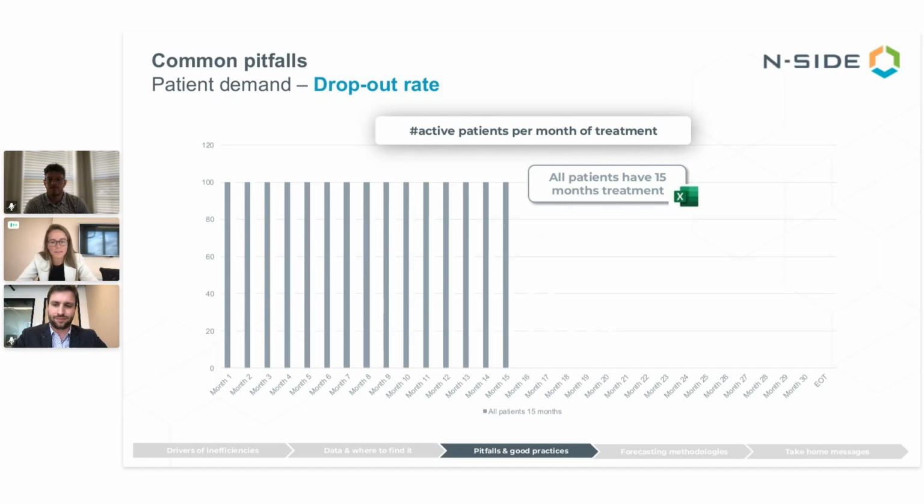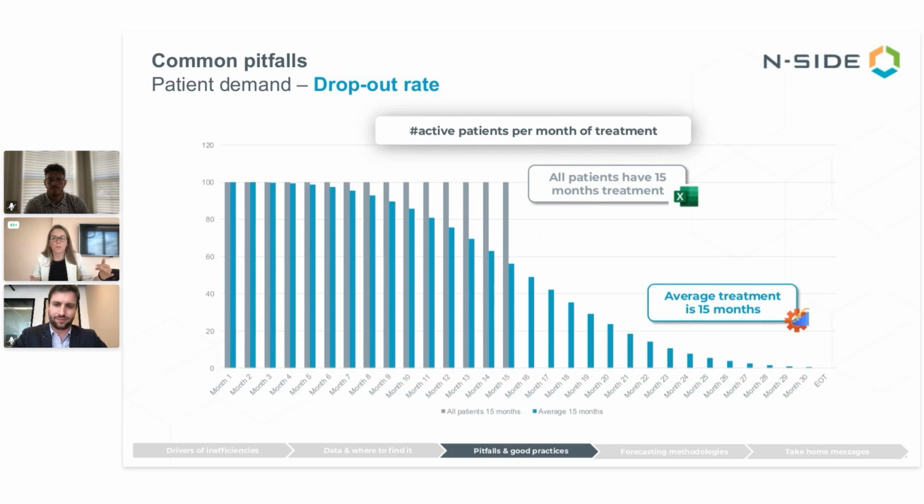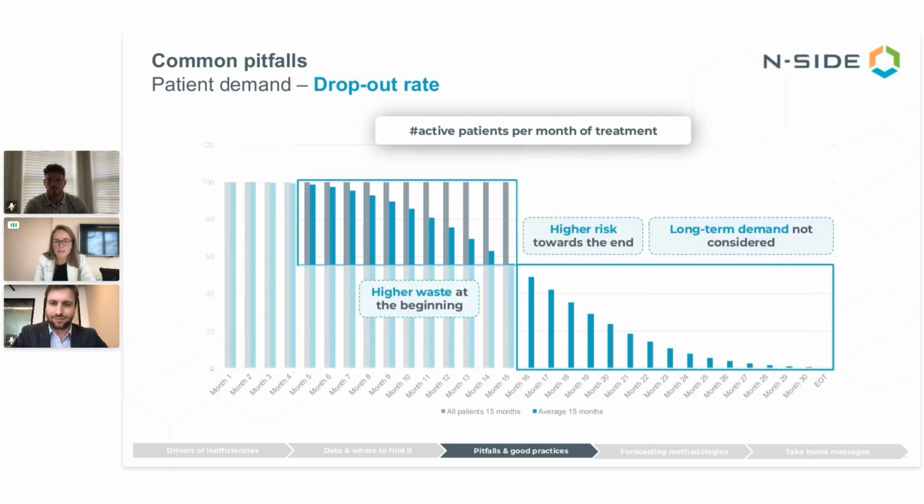If you're looking at a smarter way to consider the dropout and the dispensing, you will see that if we consider an average treatment of 15 months, but we consider some patients dropping before, as you can see on the very first part of the graph, and after as well, it is way more precise, and it will allow you to avoid the unnecessary waste that you might come up with if you are looking at the simplified way of working.